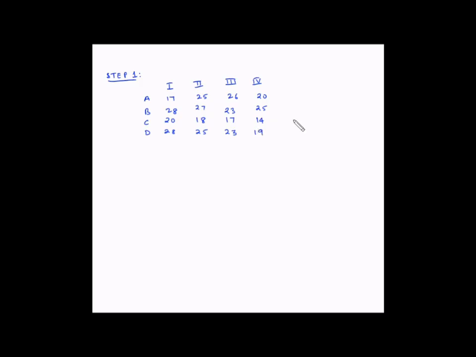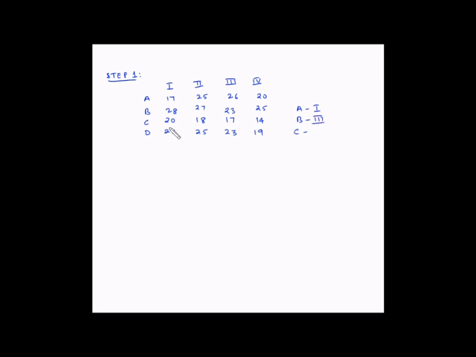If we were to solve this problem by observation, we would assign each task to the subordinate with the lowest man hours. So if we go by observation, for A the lowest number is 17, so A is assigned to 1. For B the lowest is 23, so B is assigned to 3.